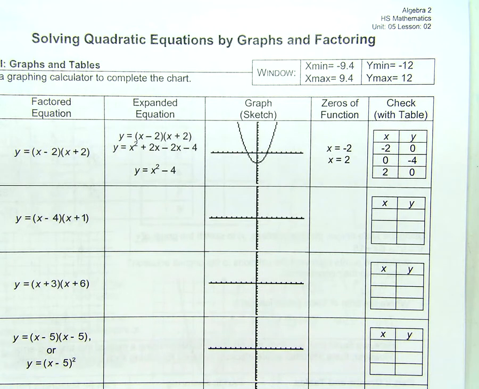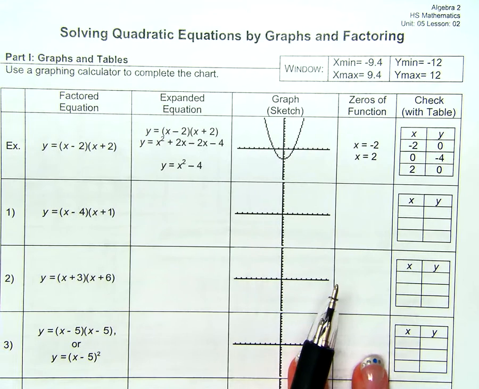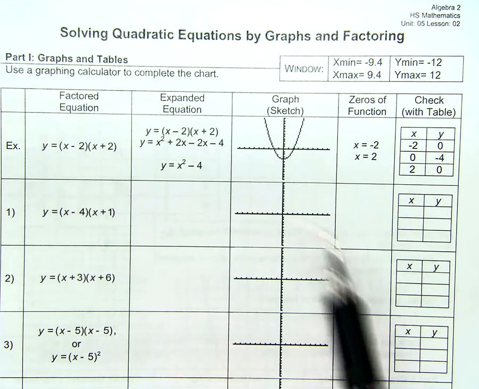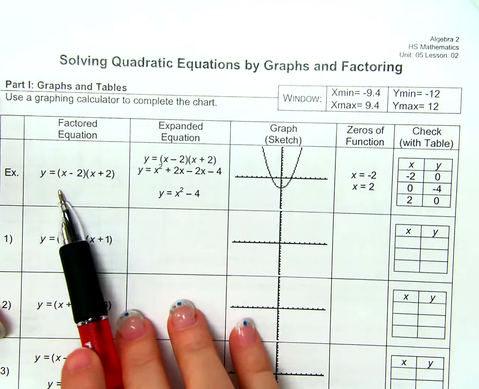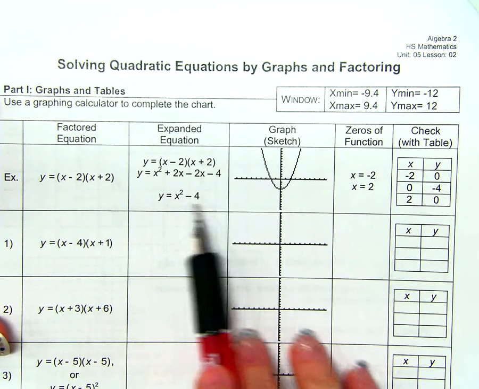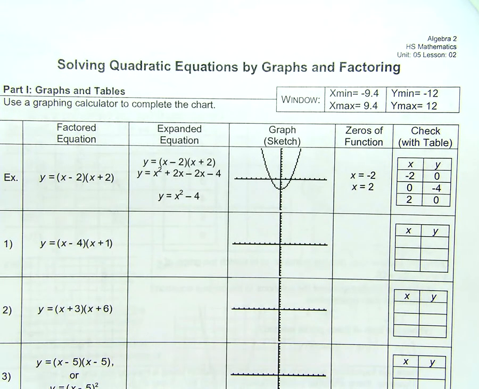So, let's look at this page. Use a graphing calculator to complete the chart. Well, you all have your graphing calculator, correct? So let's complete the chart. First thing it gives us is a factored equation. It asks for the expanded equation. How did they get the expanded equation?